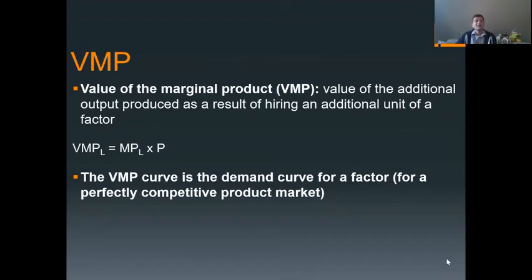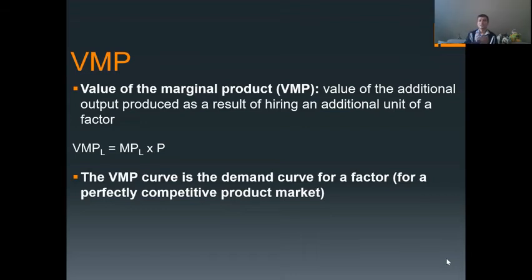Now, the marginal product is important to remember. However, it's important to realize that that's not all you need. You actually need to figure out, well, what's the value to the firm to hire that labor? Well, that depends on two things. It depends on the marginal product of that labor and the value of the product, how much they can sell the product for.